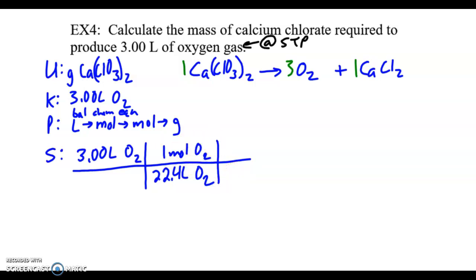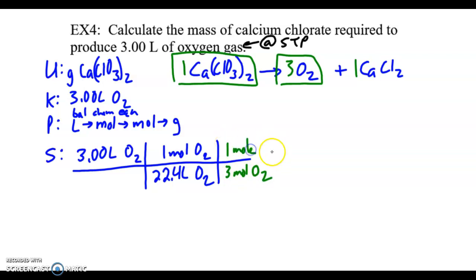Then we're going to do our mole conversion. So we need oxygen and we need calcium chlorate. So it's going to be 3 moles of oxygen and 1 mole of calcium chlorate.